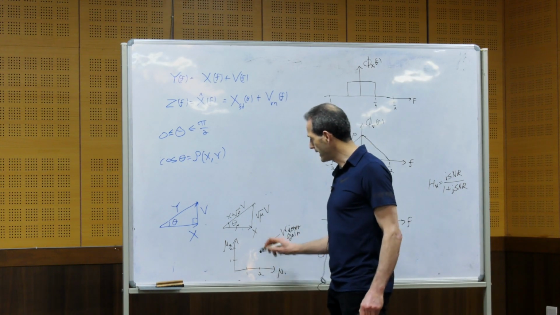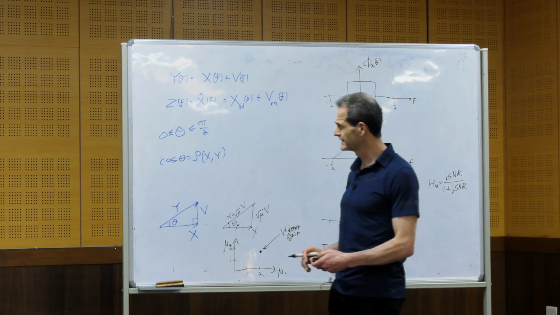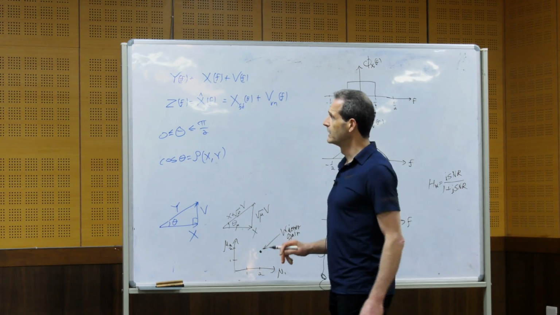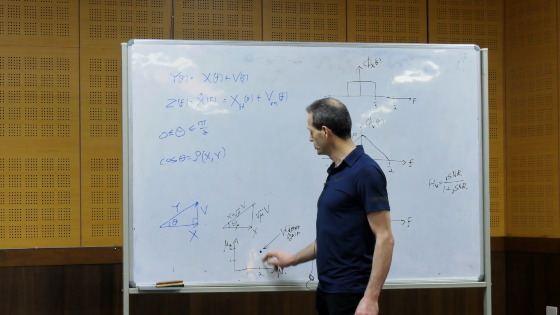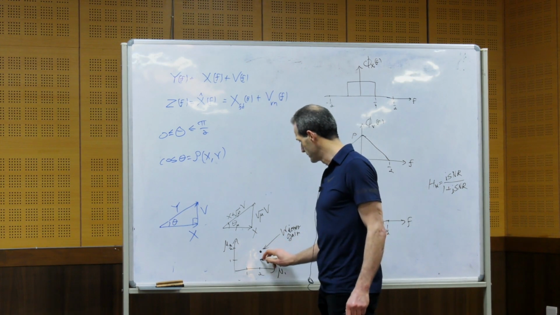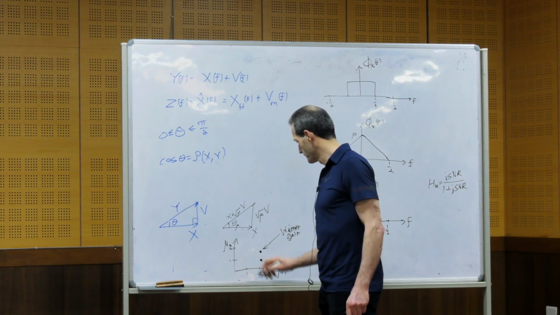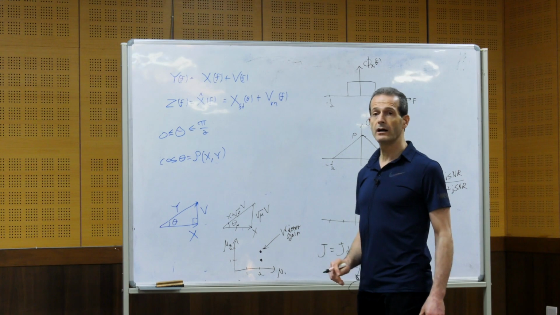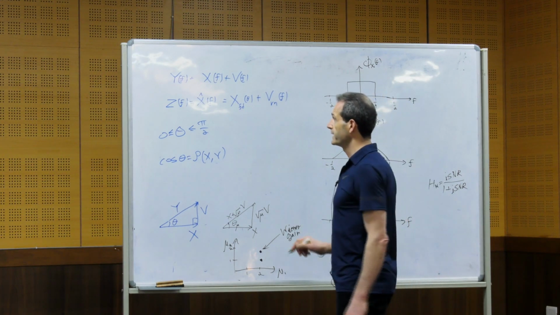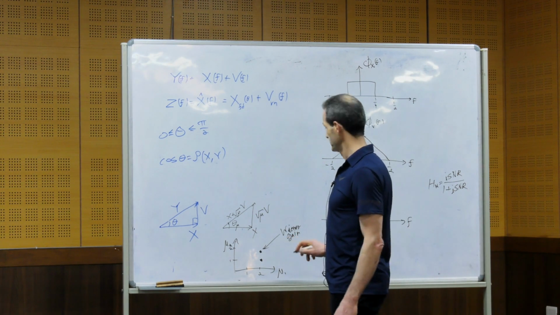Let's see other special cases. We can choose mu1 equals 2 and mu2 equals half here. This is also something that is well known in the literature, and it's called power subtraction.